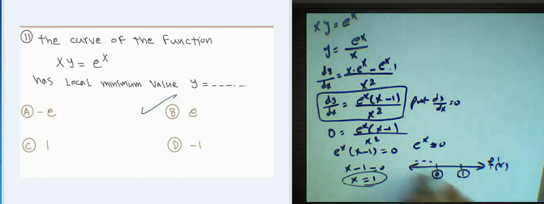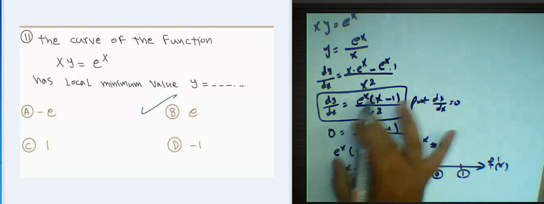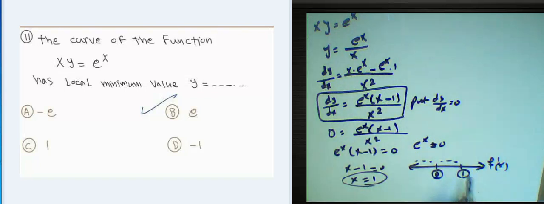Here put half, subtract by 1, or negative half, it will be negative, and greater than 1, it will be positive, so it decreases and then increases. Then we want to find the local minimum value at x equal what?